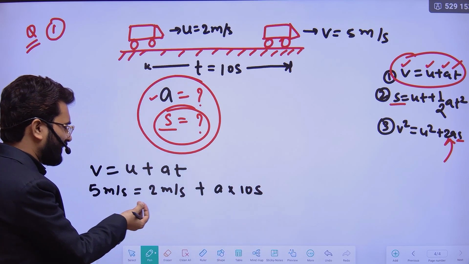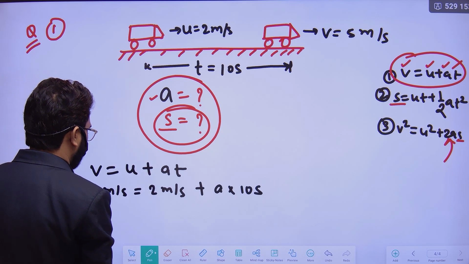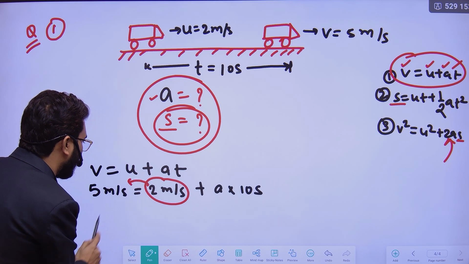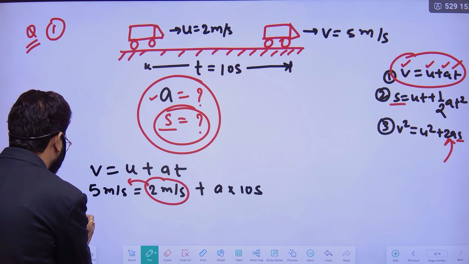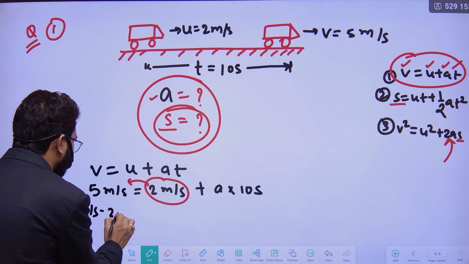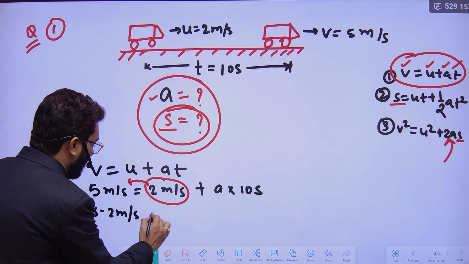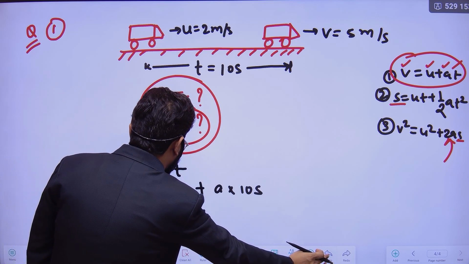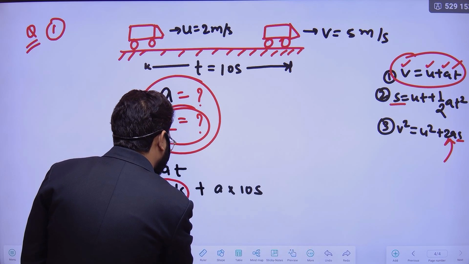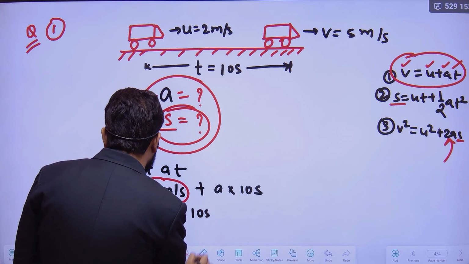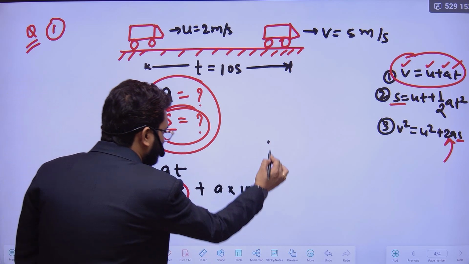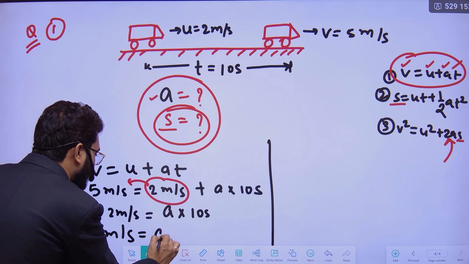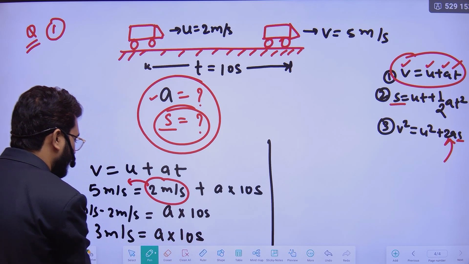Now solve the simple equation. How can we solve it? This 2 will go to this side, and this will make 5 meter per second minus 2 meter per second. And here is 10a, and this is in seconds, so it is better to write a into 10 second. Here we have 3 meter per second is equal to a into 10 second.